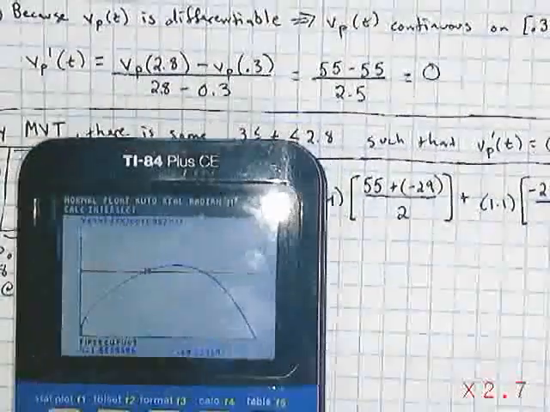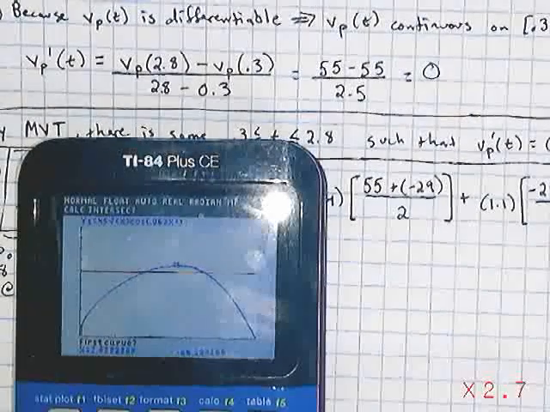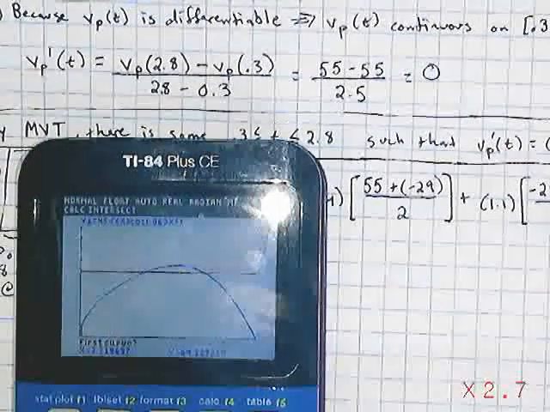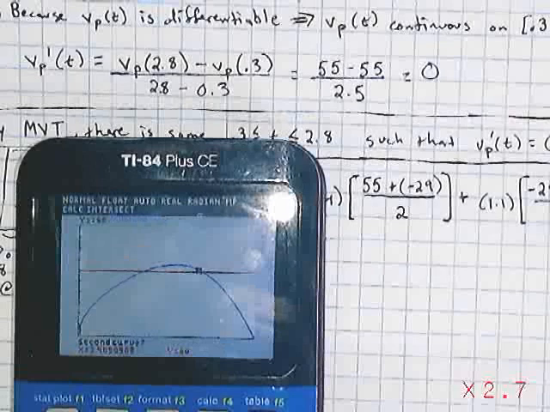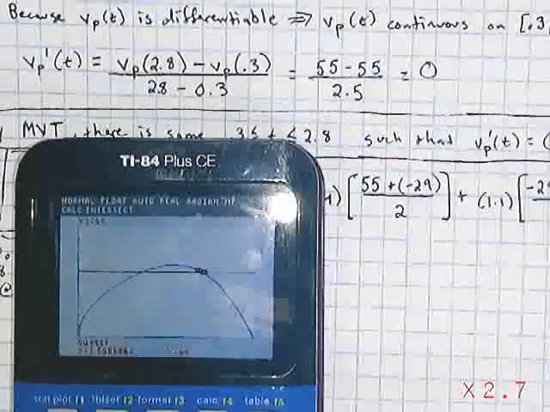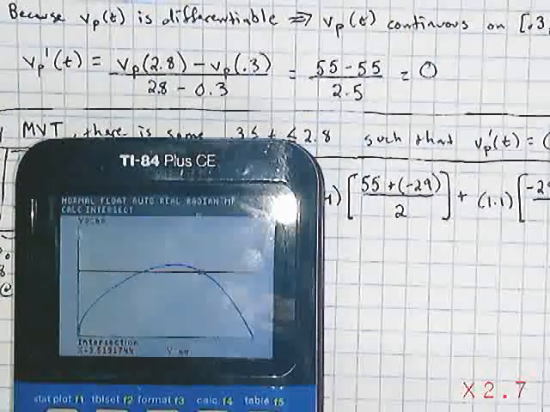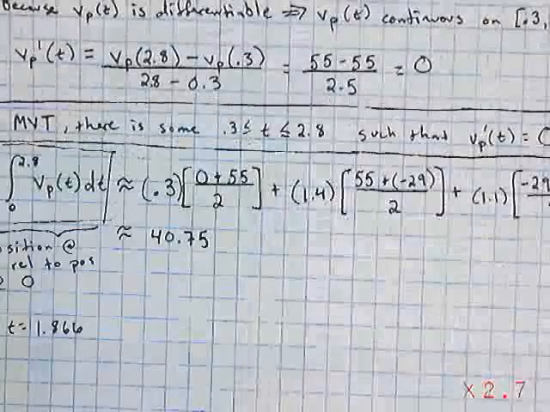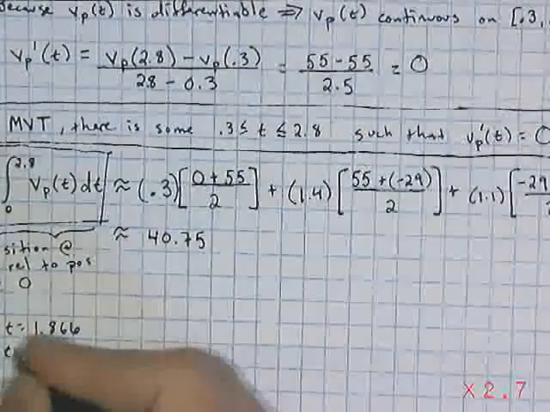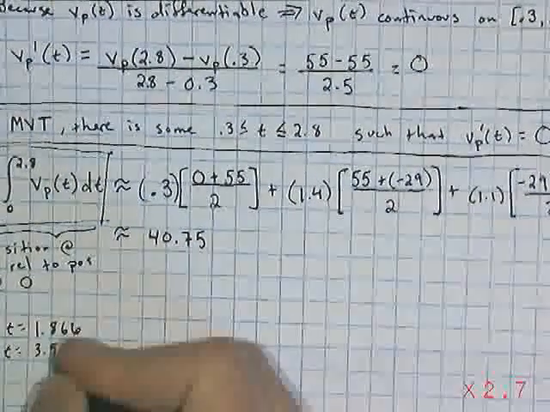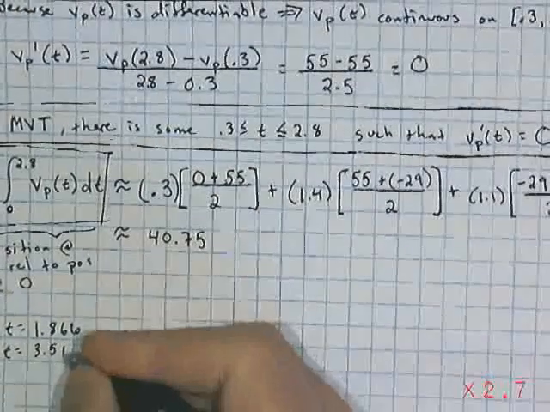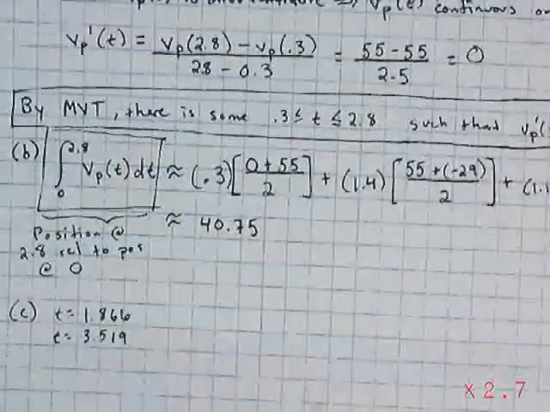We'll go to the other side. Boom, boom, boom. Call it 3.519. Which both fall within our interval, which is nice, from 0 to 4.